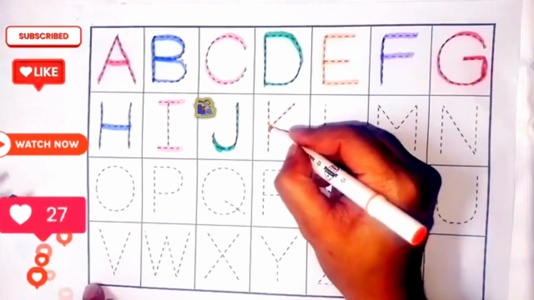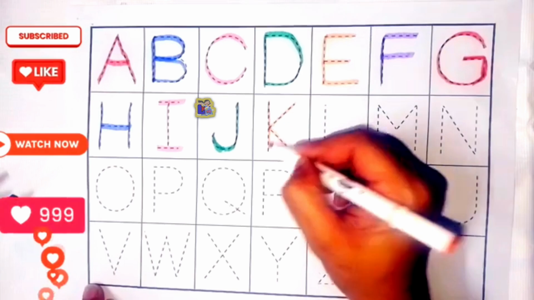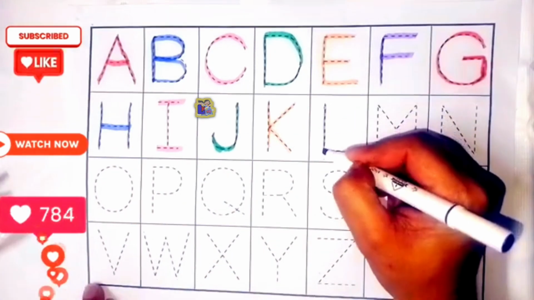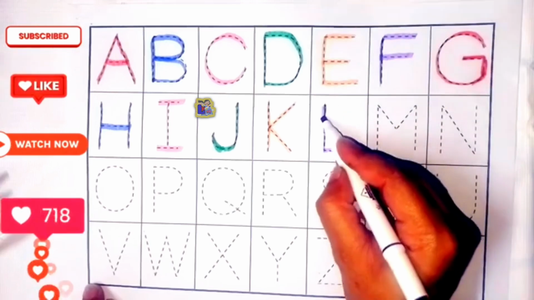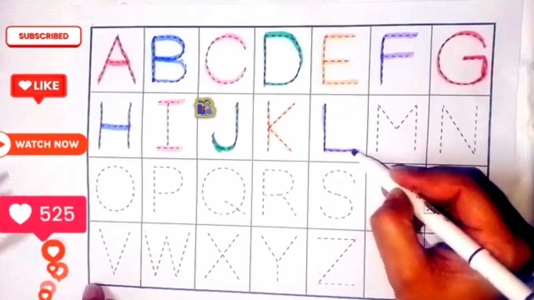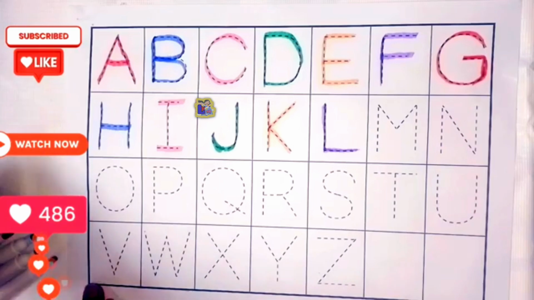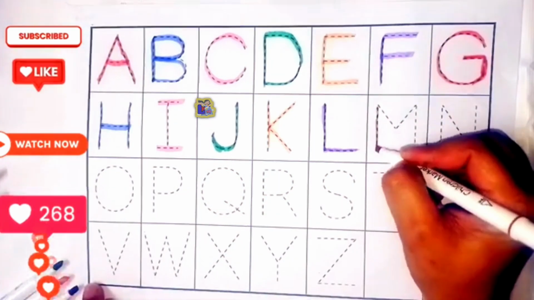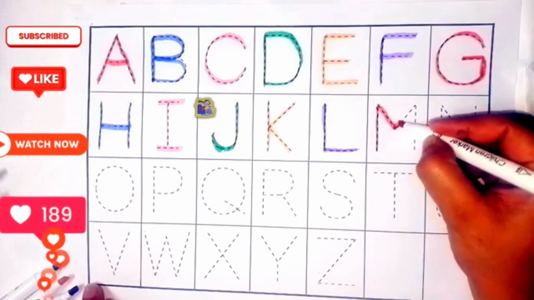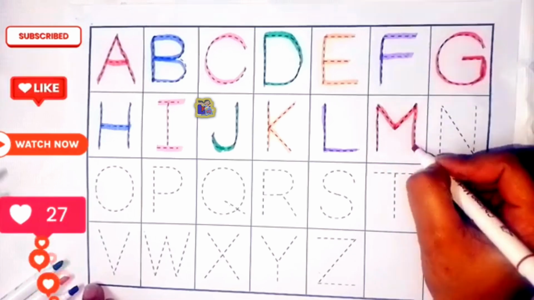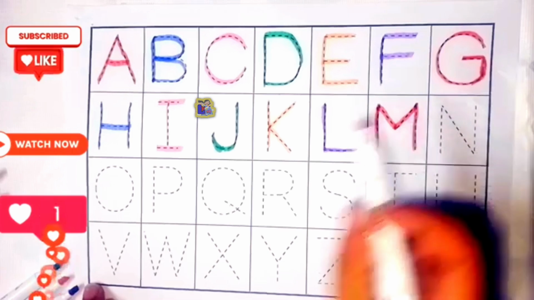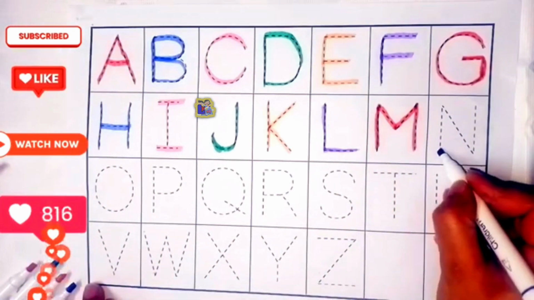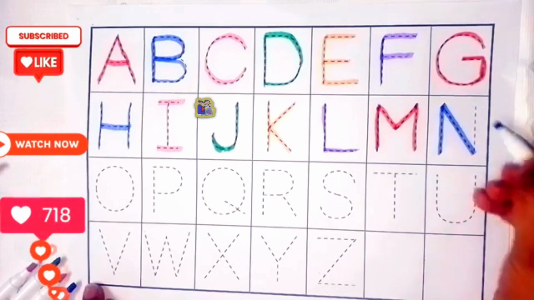K for king. L for lion. M for mango. N for nuts.